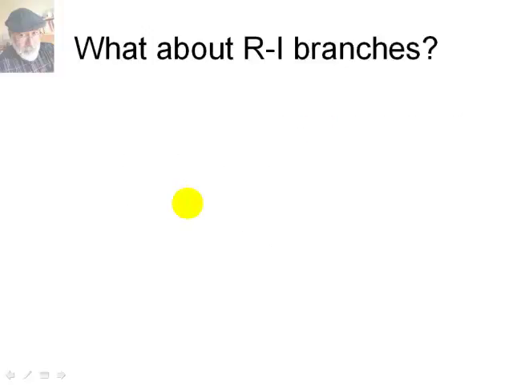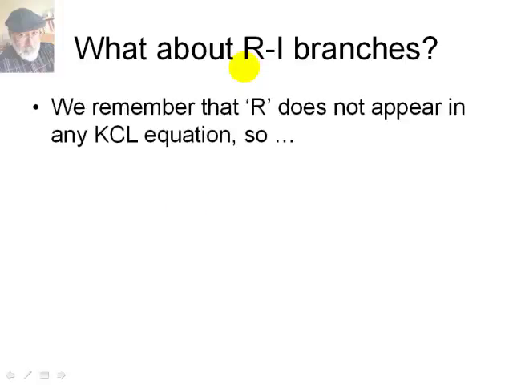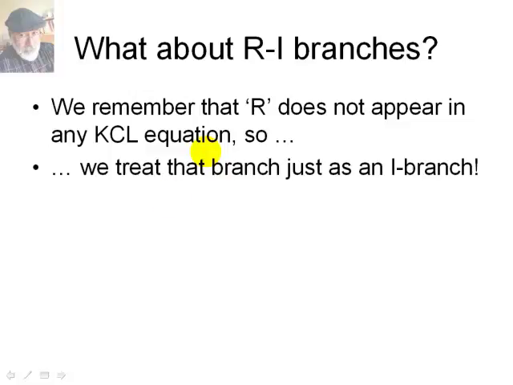What about if we have an RI branch? A branch that has only one resistor apart from a current source. We remember from EC251 that this resistance does not appear in any KCL equation, right? That resistor is doing nothing in the equation, so we treat that branch just as a line branch. We ignore it.